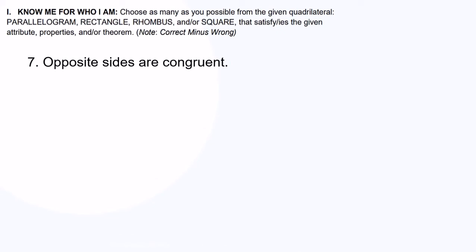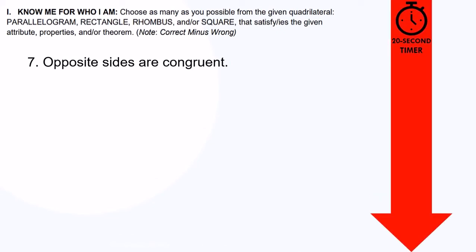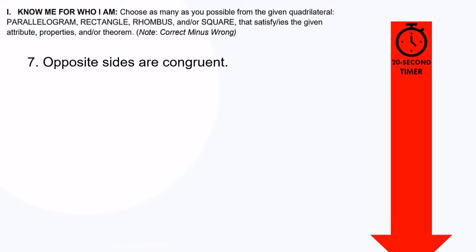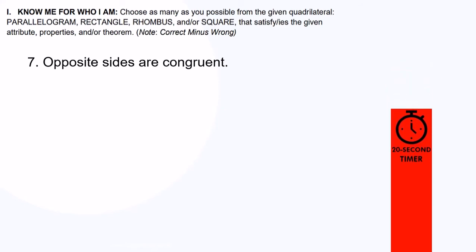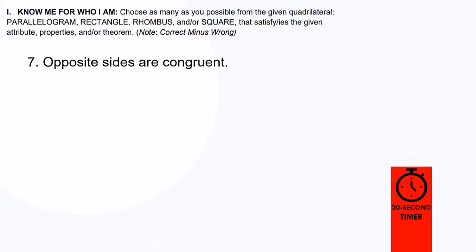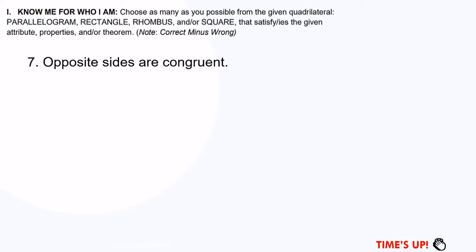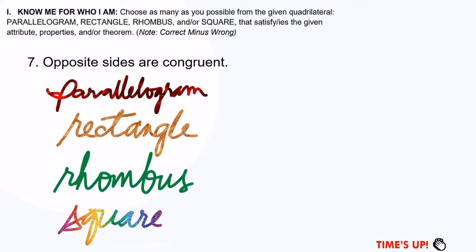Number 7. Opposite sides are congruent. Your timer starts now. Correct answer, parallelogram, rectangle, rhombus, and square.